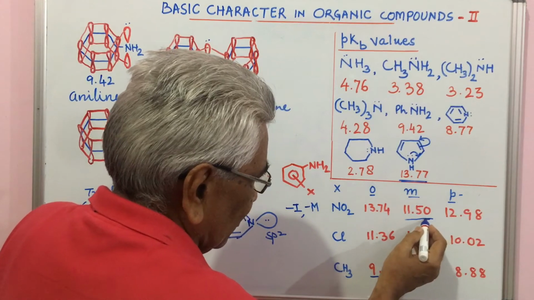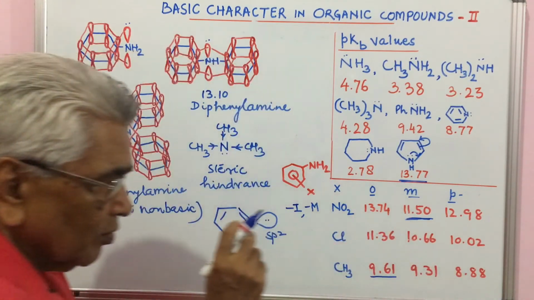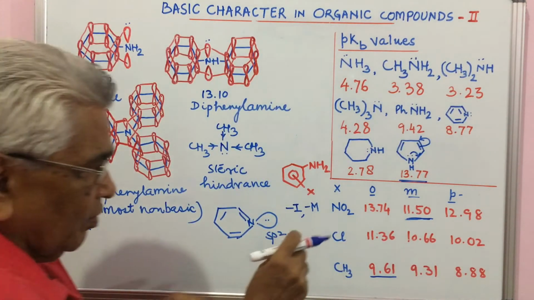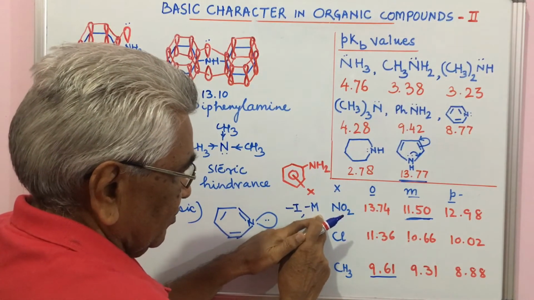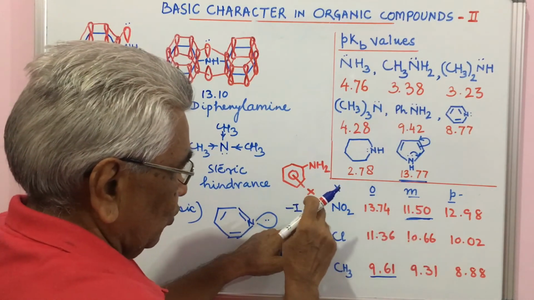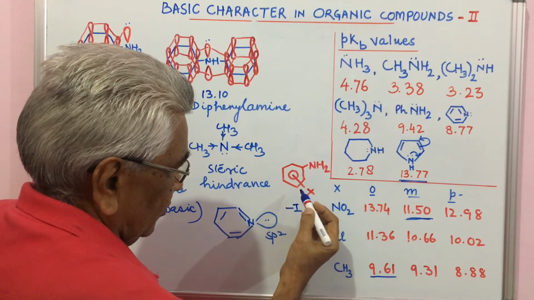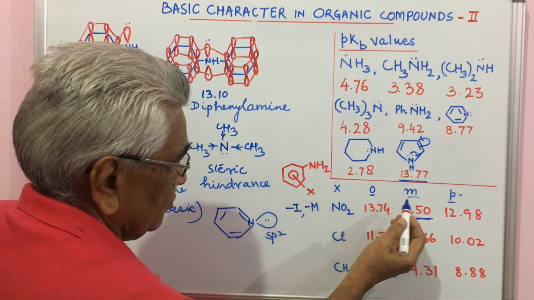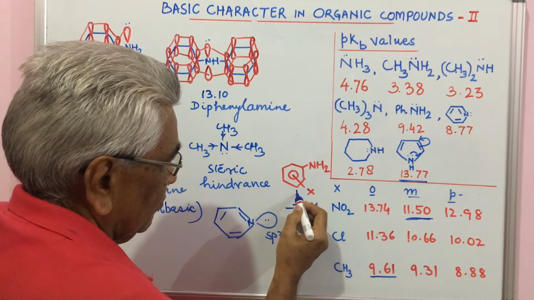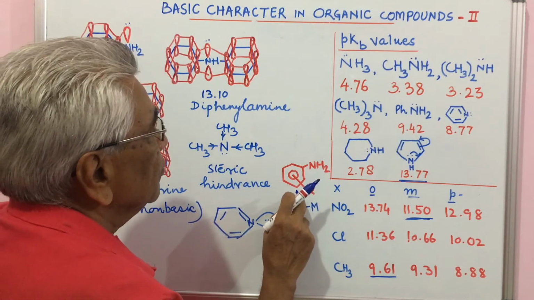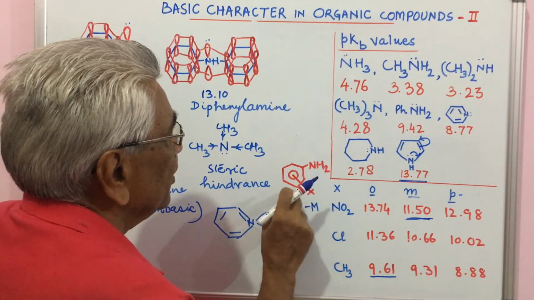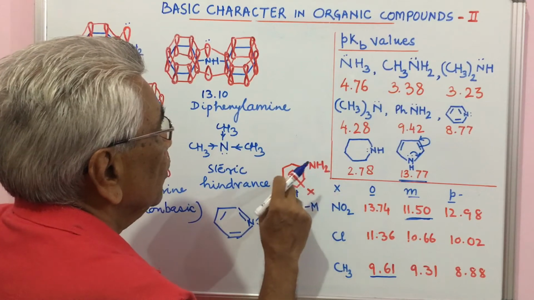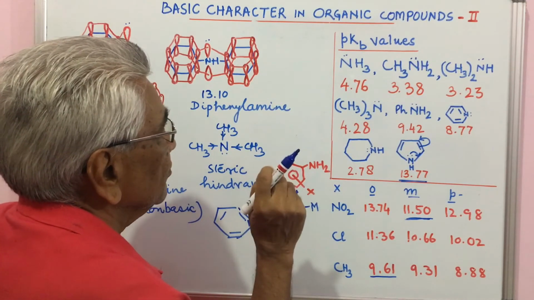This value 11.50 is in between the two, because this minus M effect of NO2, if it is put at meta position, operates at ortho and para.